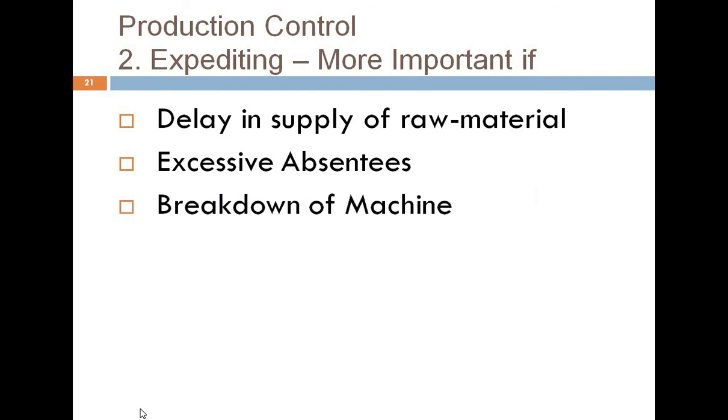If any machine breaks down, or there is a fault in any machine, it can become a challenge to the production department. And if there is a change in specification, which means whatever previous orders we received, now there is a slight change in the requirement, then we need to expedite.